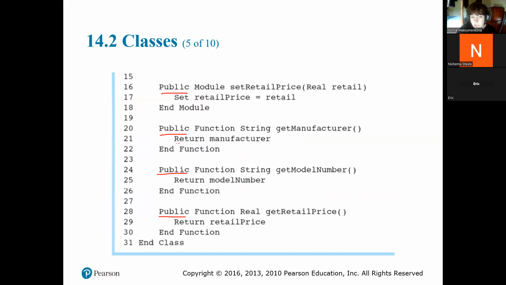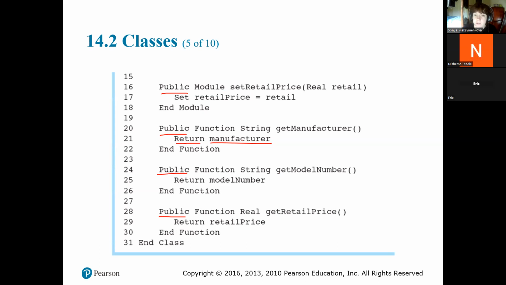So as you can see, get manufacturer will return to you the value from manufacturer. It will not return to you the actual variable. So there's no way that by calling this method, you will change the value, even by mistake. That is just not going to happen.